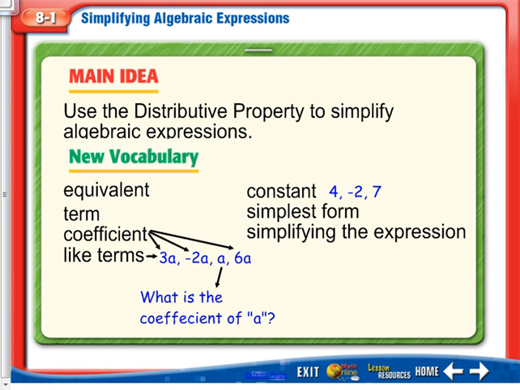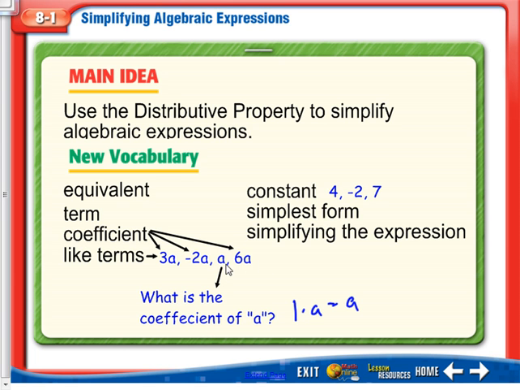Getting into some of those words, equivalent obviously just means equal to. When I say combine like terms, like 3a, negative 2a, a, and 6a, those are all like each other. If I were to combine all of these, I would have to know what the coefficient of a is. Remember that 1 times a equals a.